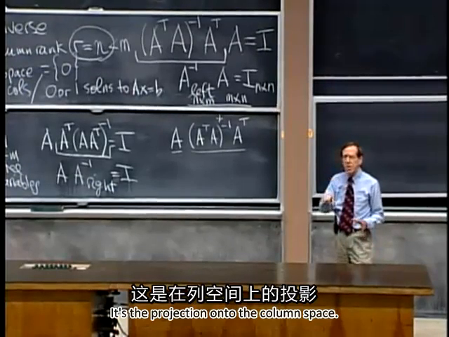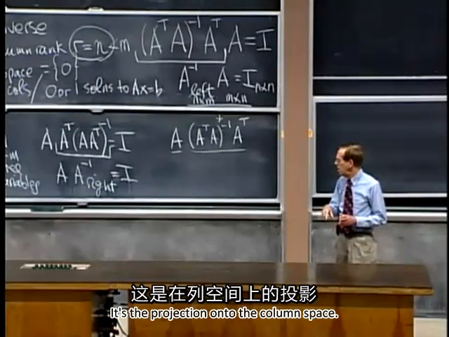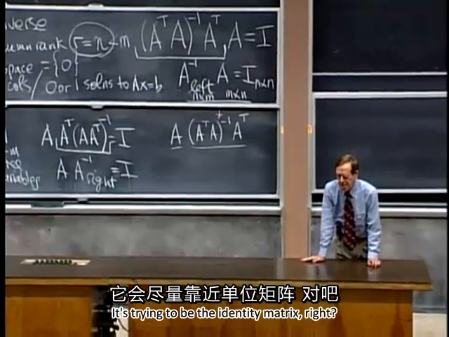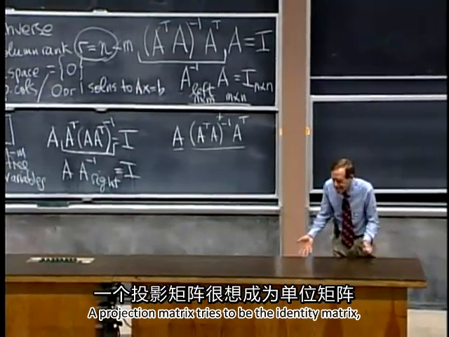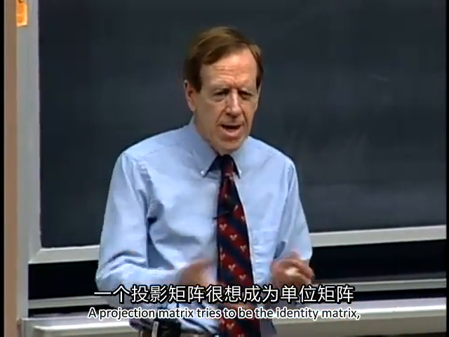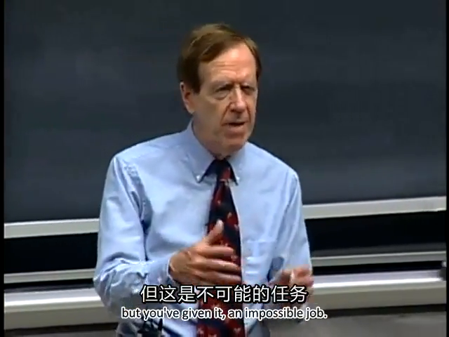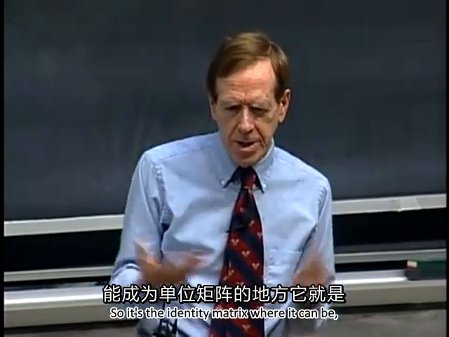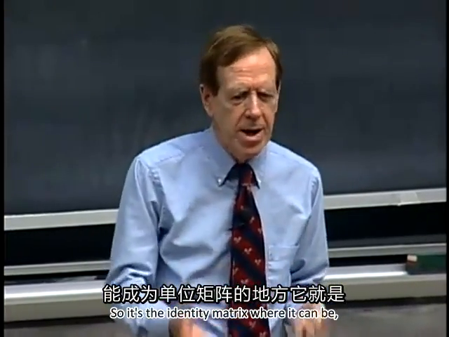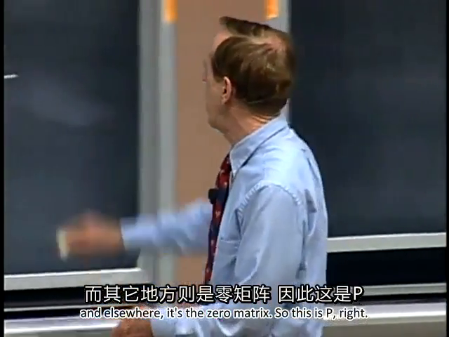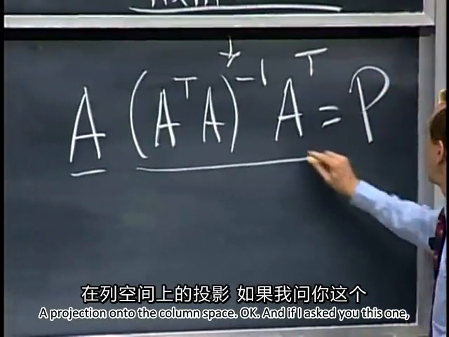It's the projection onto the column space. It's trying to be the identity matrix. A projection matrix tries to be the identity matrix, but you've given it an impossible job. So it's the identity matrix where it can be, and elsewhere it's the zero matrix. So this is P, the projection onto the column space.